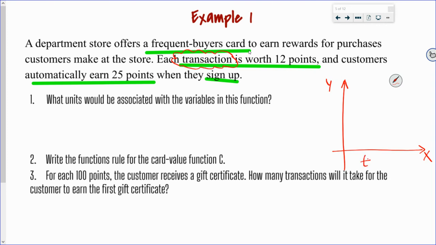So my transactions or my purchases, that's my independent variable. In other words, let X be the number of transactions or purchases.